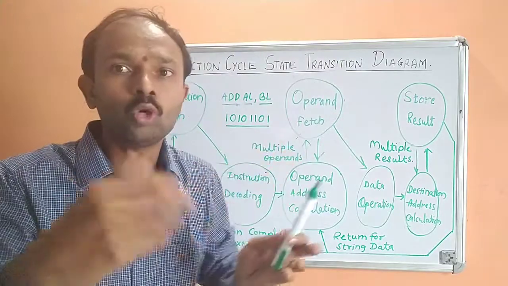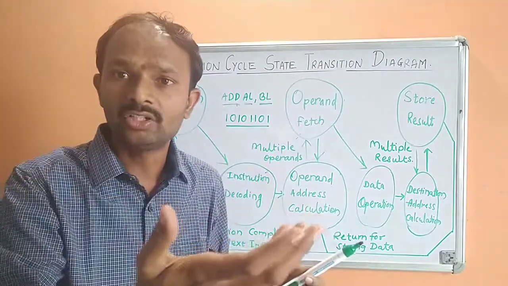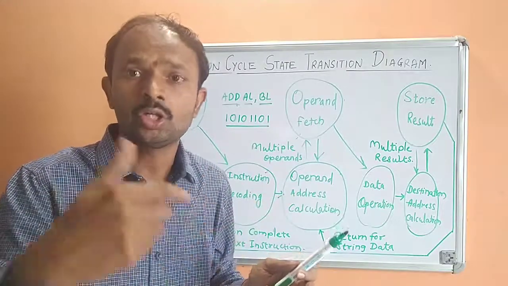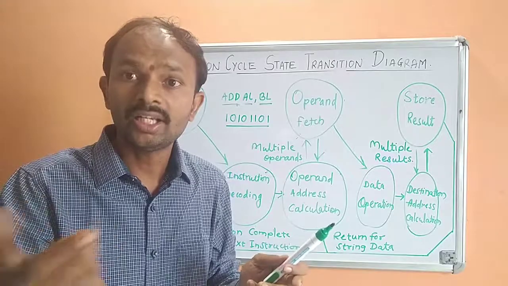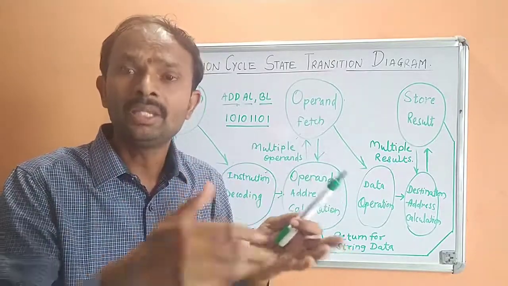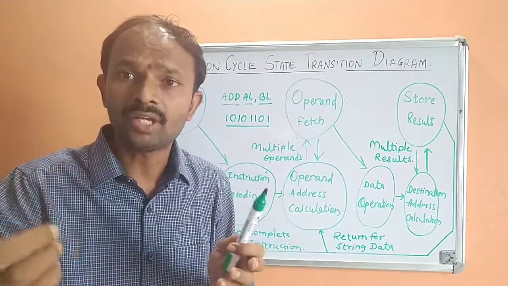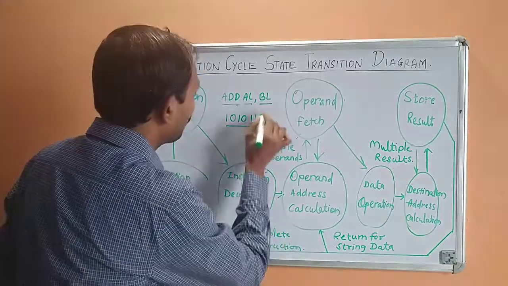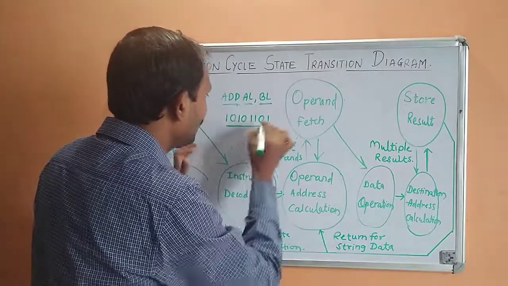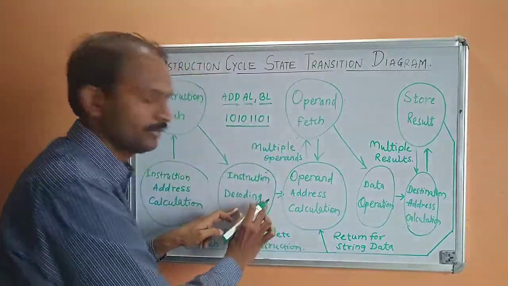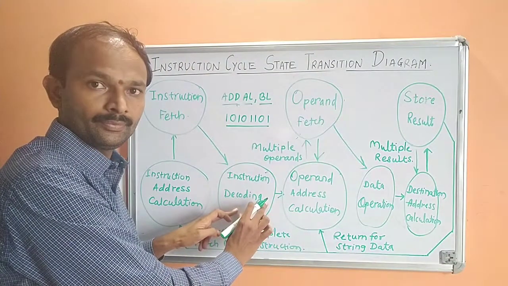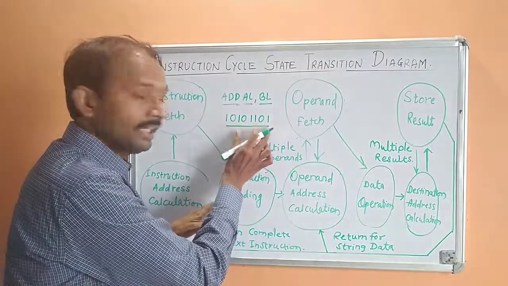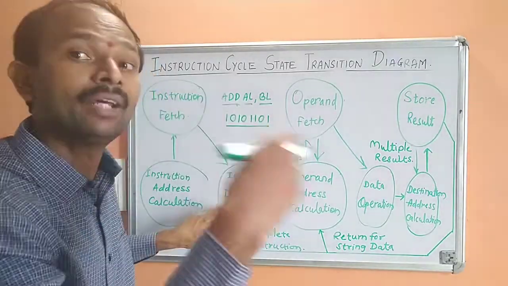If it is an instruction, then what type of instruction it is: addition, subtraction, multiplication, division, AND operation, OR operation, NOT operation, or whether it is a number, maybe 8, maybe 10, maybe 25, maybe 100, maybe 1024. This binary pattern understanding is called decoding that instruction. Decoding the instruction means understanding the binary pattern which is there inside the memory system.